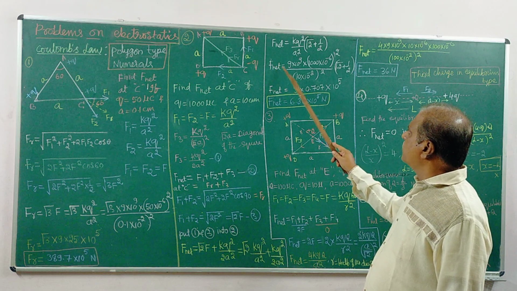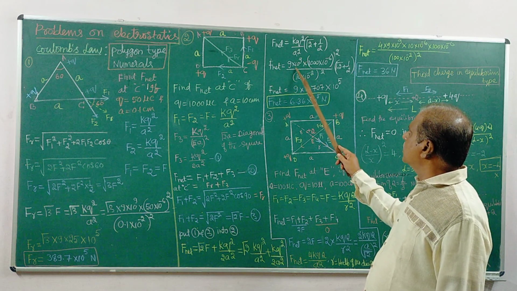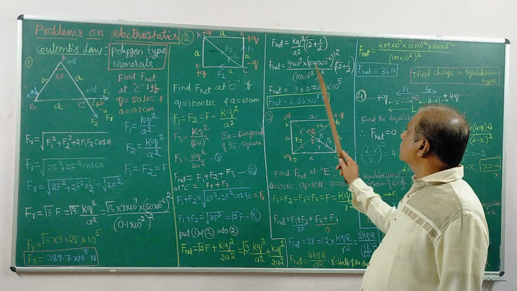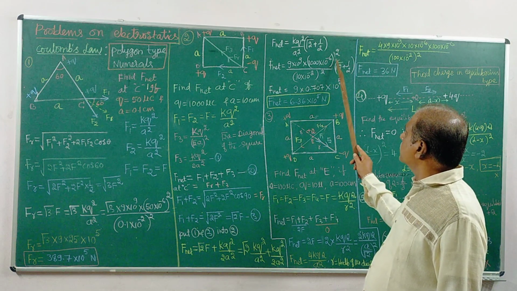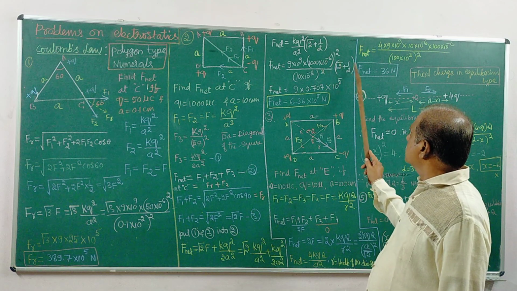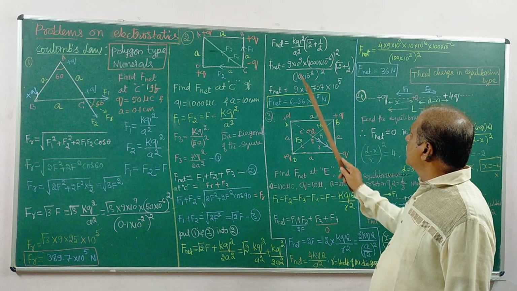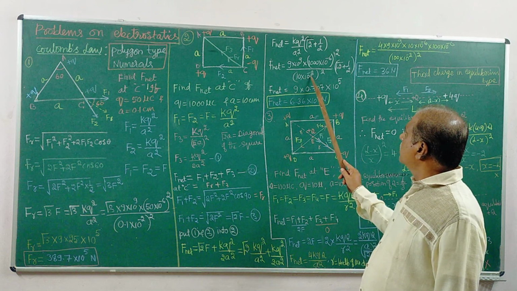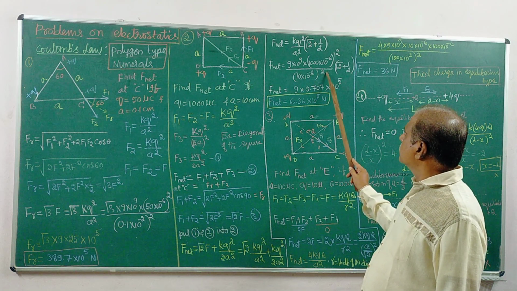F net, what is it? F net is equal to k, whose value you know, and Q square is given as 1000 into 10 to the power of minus 6 whole square coulomb. That numerical value remains in the bracket, and a square is 10 into 10 to the power of minus 2 whole square.